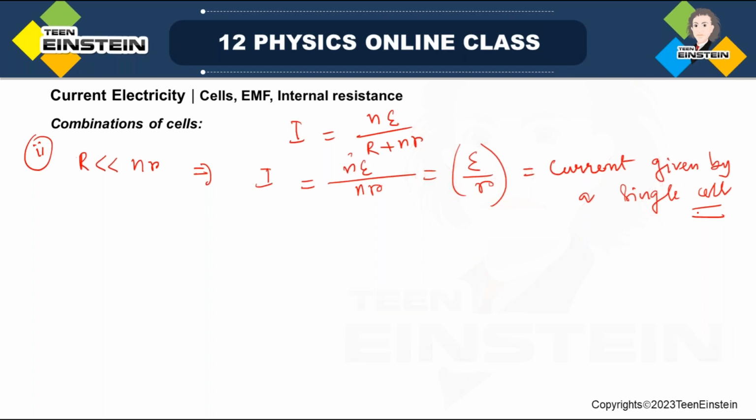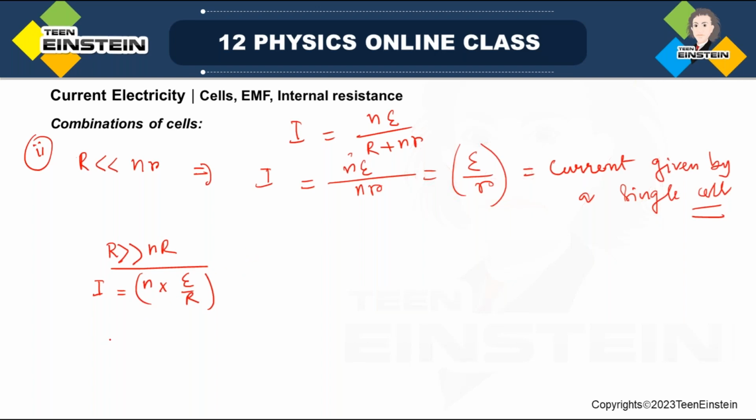So what is the conclusion we can draw from this? I'll write the two cases side by side. In one case, R is much greater than NR. In this case, we have got current N into E by R, the current drawn from the single cell into N. That means you will get the current equivalent to the current drawn from N cells.